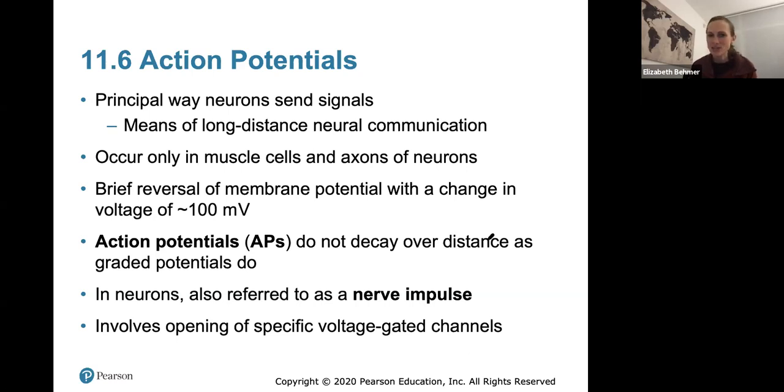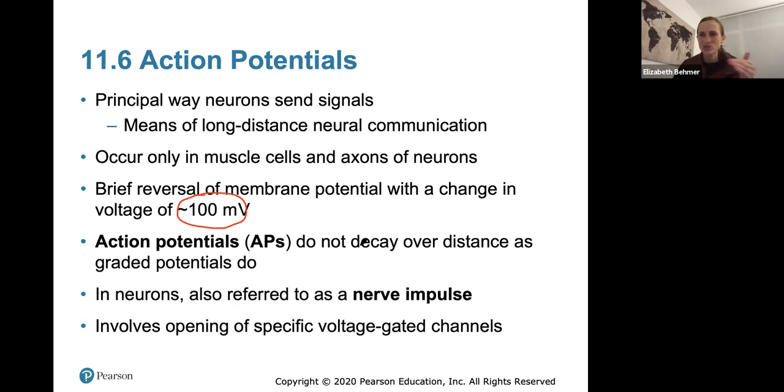But an action potential means long distance neural communication, and this occurs only in muscle cells, which we talked a little bit about before, and also the axons of neurons. An action potential is a brief reversal of membrane potential with a change in voltage of about 100 millivolts. So we go from about -70 to +30 in a millisecond, and that's an action potential. It doesn't decay.